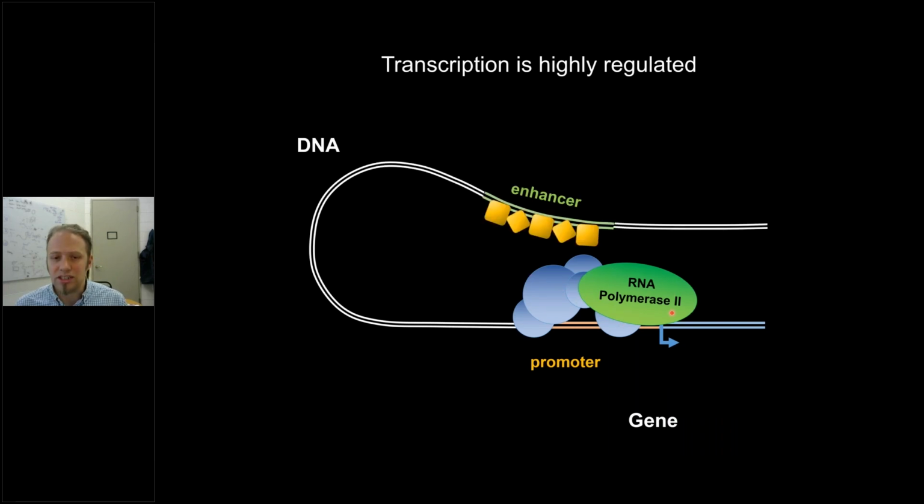But we also need more distal enhancer regions that also attract transcription factors, co-activators, and so on, and that somehow communicate information to the promoters to actually facilitate transcription from the target promoters.